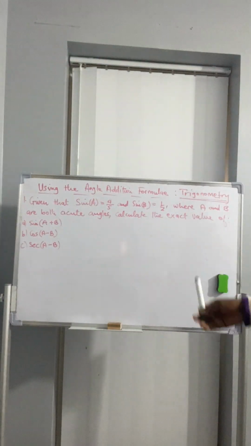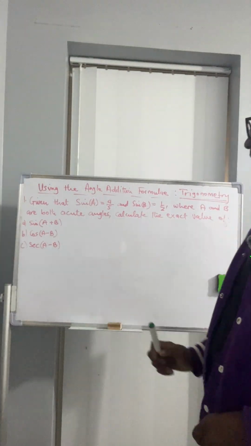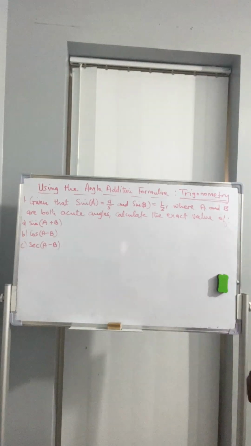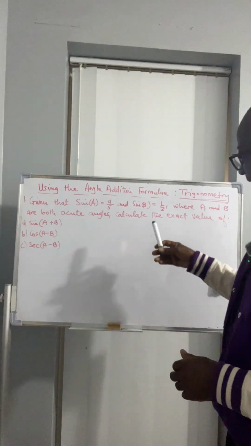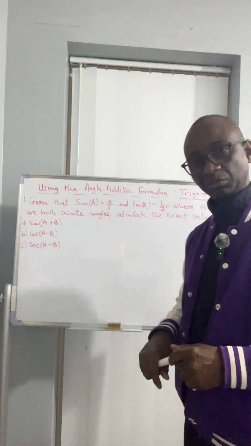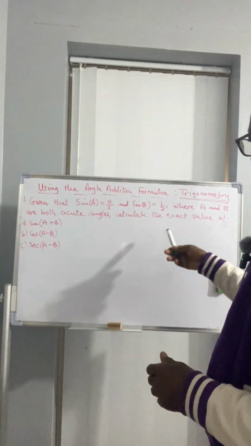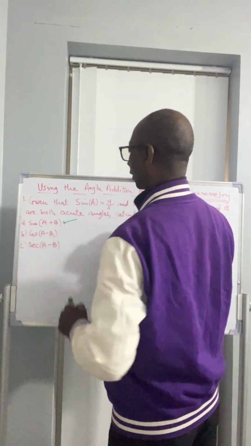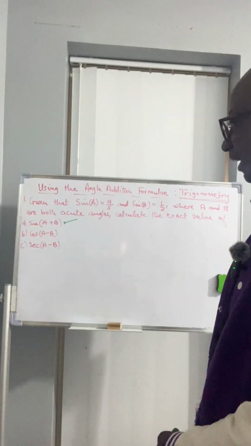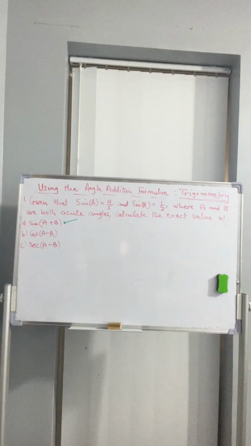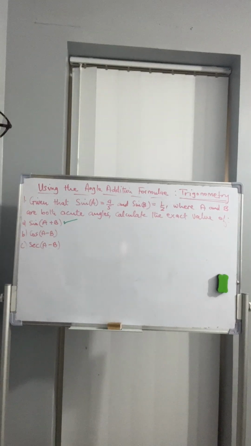The problem says that given that sine of A is equal to 4 divided by 5 and sine B equals 1/2, where A and B are both acute angles, calculate the exact value of, we have solved this one, the exact value of cosine of A minus B.